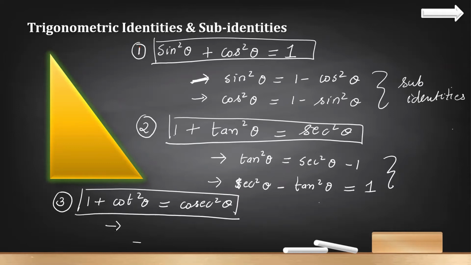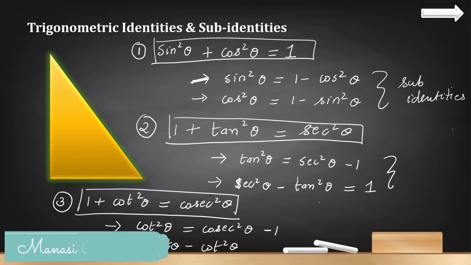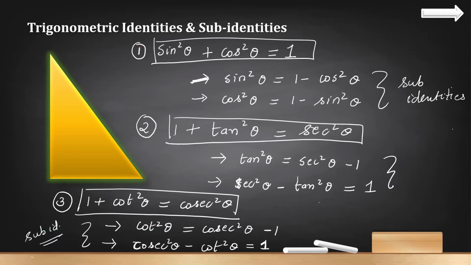So the sub-identities, again in the same manner: cot square theta will be equal to cosec square theta minus 1. Secondly, cosec square theta minus cot square theta, bringing the cot from here to here, is equal to 1, right? So these are your sub-identities for the main identity 3.